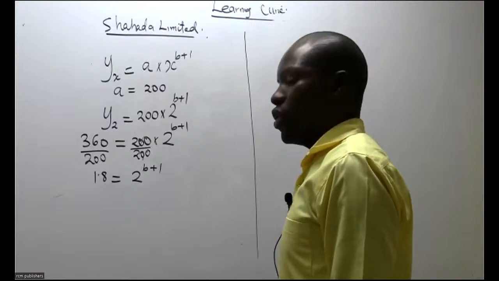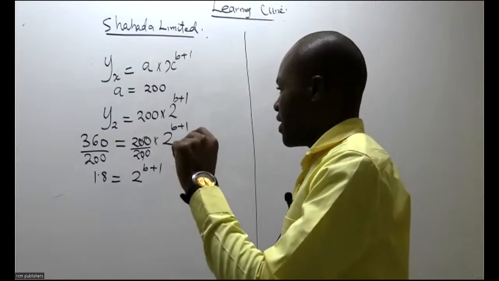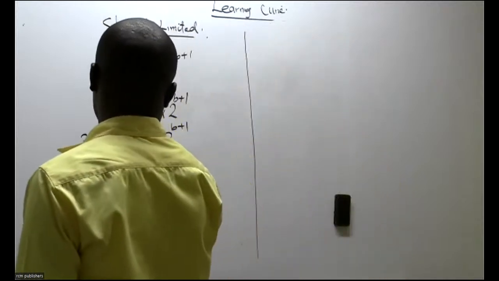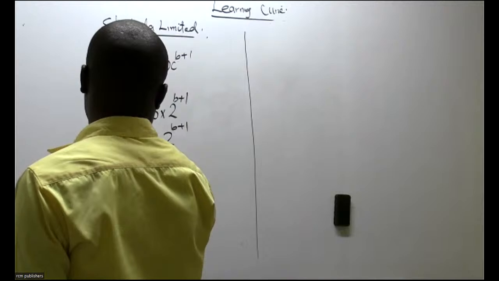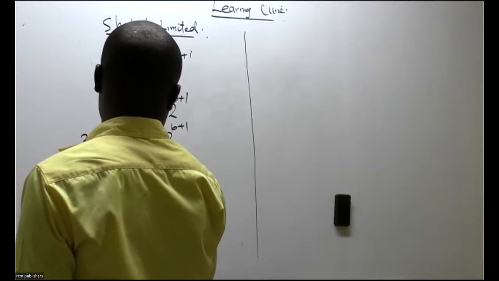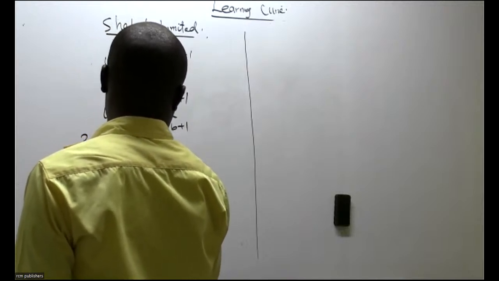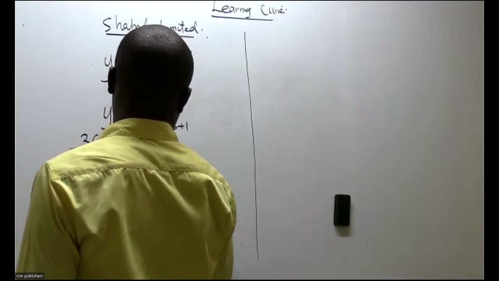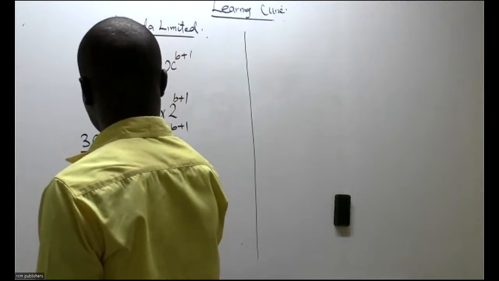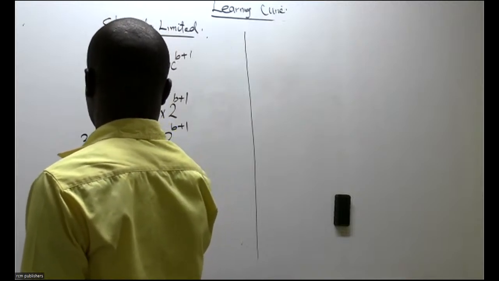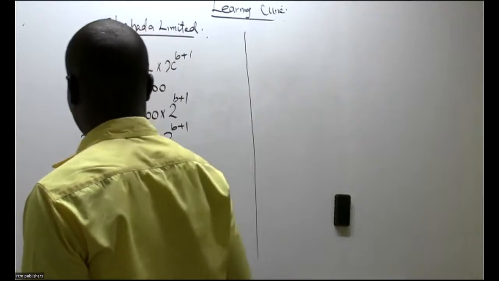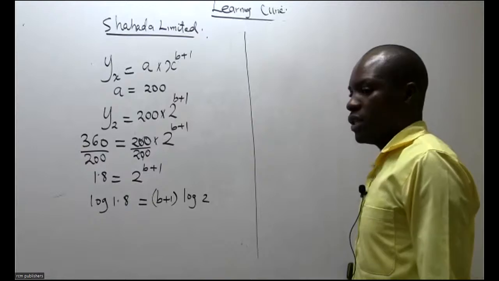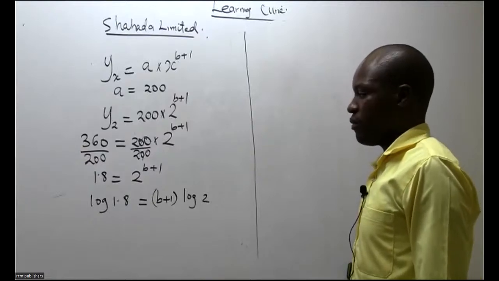So what do I need to do? For me to work this out in a simple way, introduce log. So I will say B plus 1 log 2 is equivalent to log 1.8.